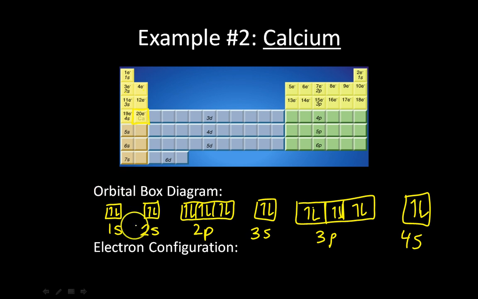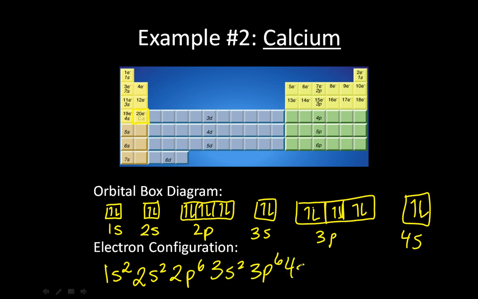So that would be our box diagram for calcium. And the electron configuration would be very similar, except we would just write the electron number as the exponent instead of as the arrows. So this would be 1s2, 2s2, 2p6, 3s2, 3p6, 4s2.